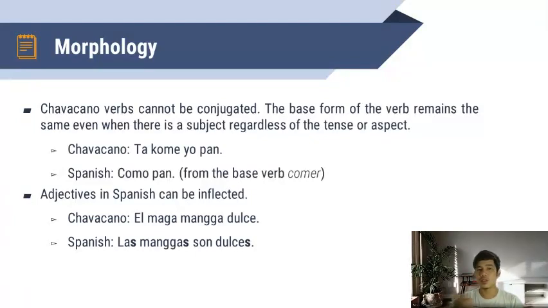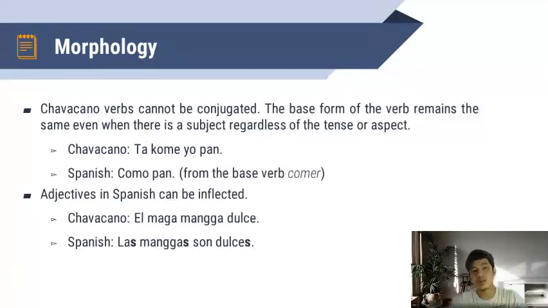We notice the structure of the verb in the Chavacano language remains the same, unlike in Spanish. So the verb in Chavacano in this sentence is come. So even if it's in the past, or in the perfective aspect, even in the contemplative or future aspect, the verb remains the same.